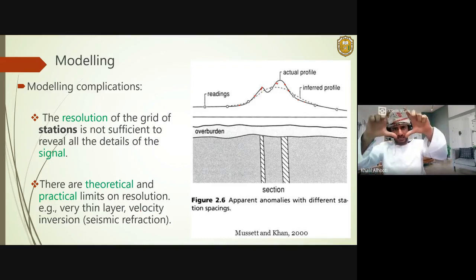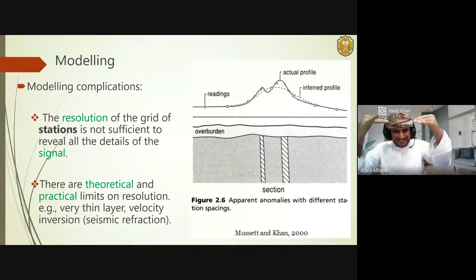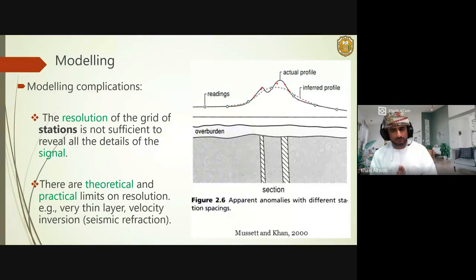The first layer has lower velocity, the next higher, and so on. You cannot do seismic refraction except if the velocity is increasing from top to bottom. If there is a layer of lower velocity than the upper layers, you cannot do modeling.